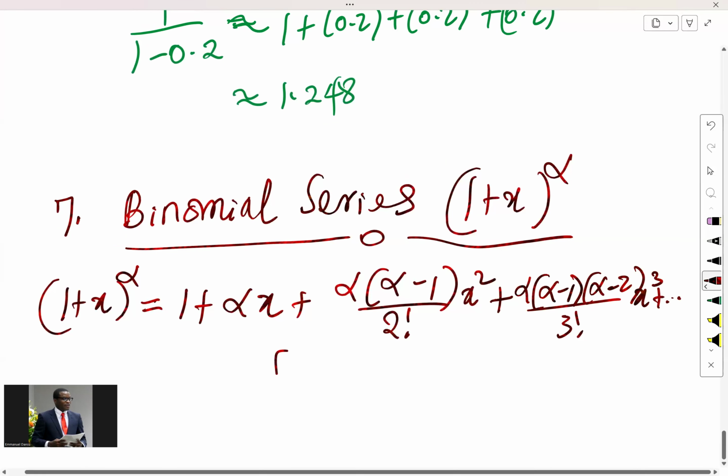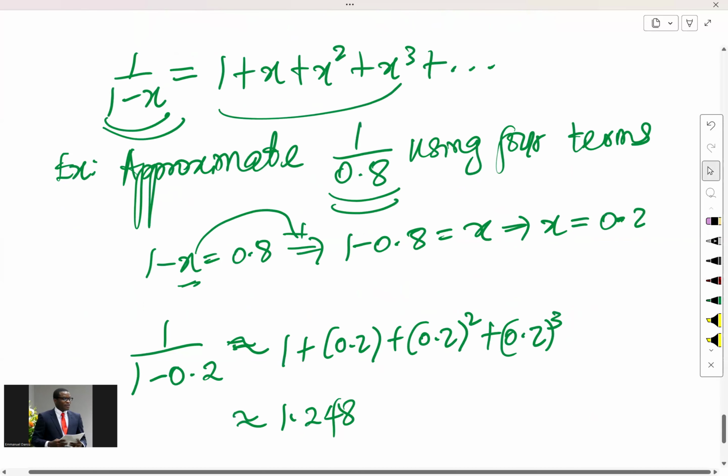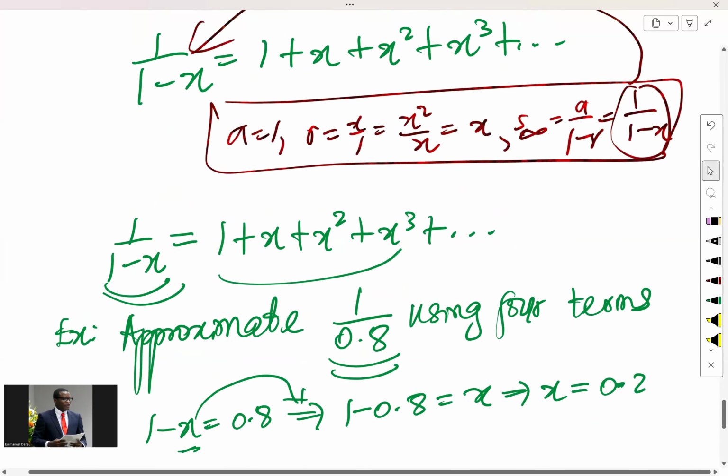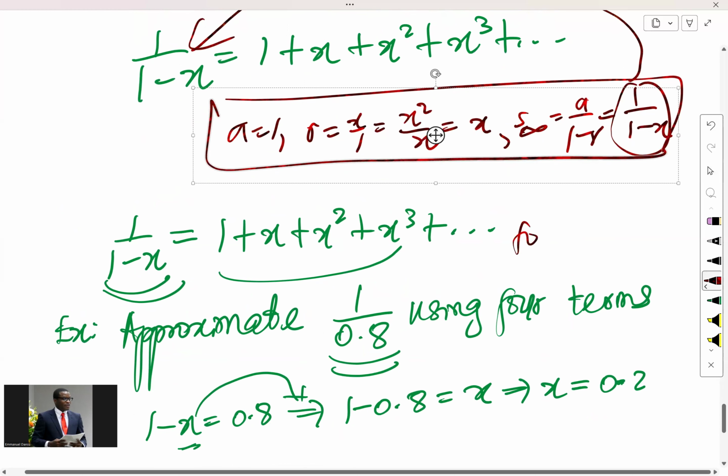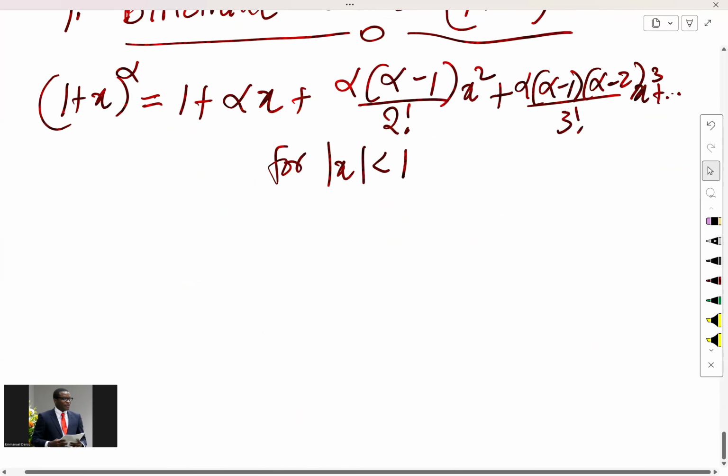And all of this is for absolute value of x less than 1. This expression also has a condition that it is given for absolute value of x less than 1. So don't forget that condition is really important. So it only holds for absolute value of x less than 1.